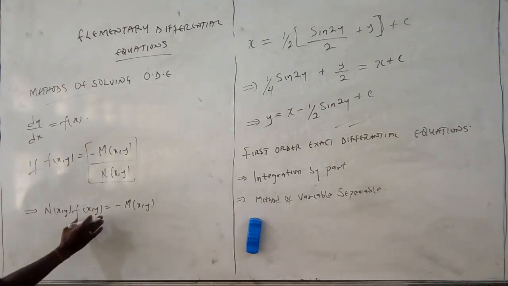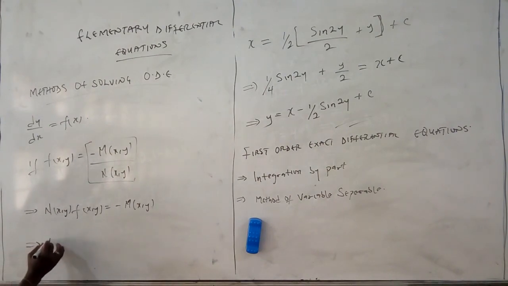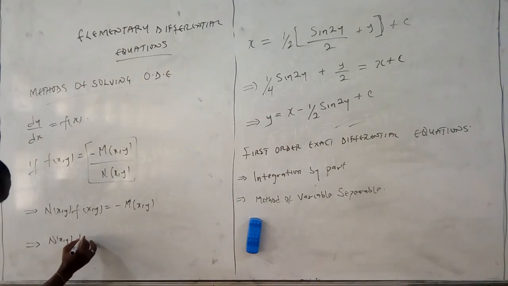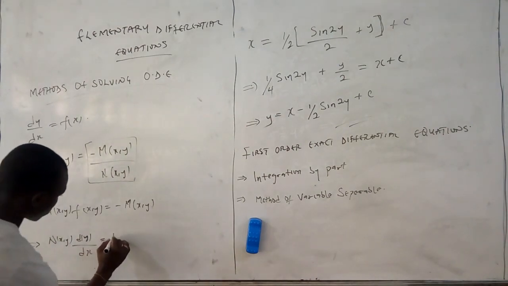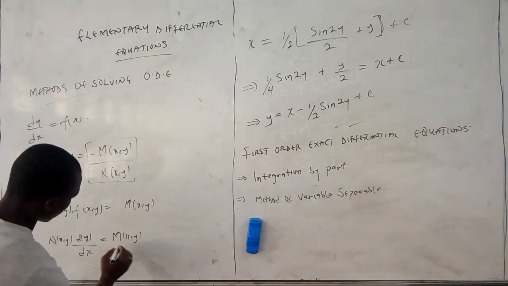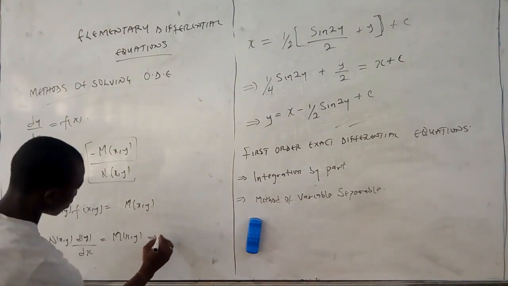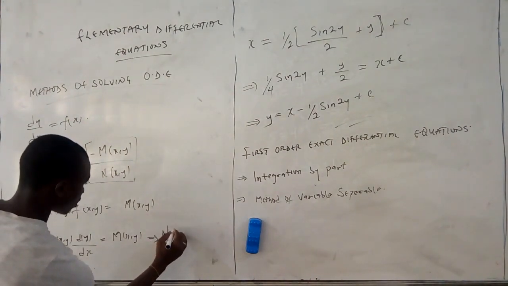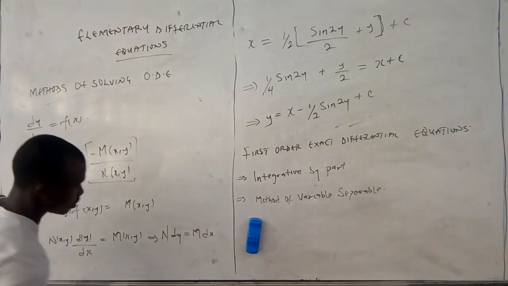And this f of (x, y) is written as N(x, y) dy all over dx is equal to M(x, y). So if you cross multiply this, you will have N dy is equal to M dx.